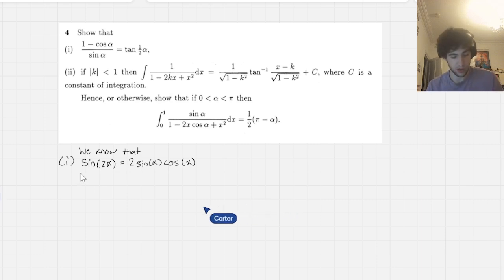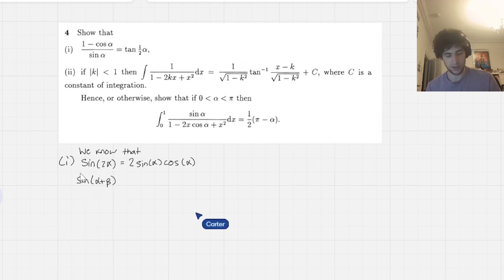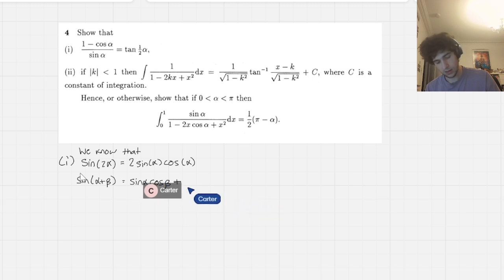And you can derive it with your compound angle formula for sine, sine of alpha plus beta. That is another formula in itself, which I won't go through, but that's how you can derive sine 2 alpha, by letting beta equal alpha. In that formula you get sine alpha cosine beta plus cosine alpha sine beta.